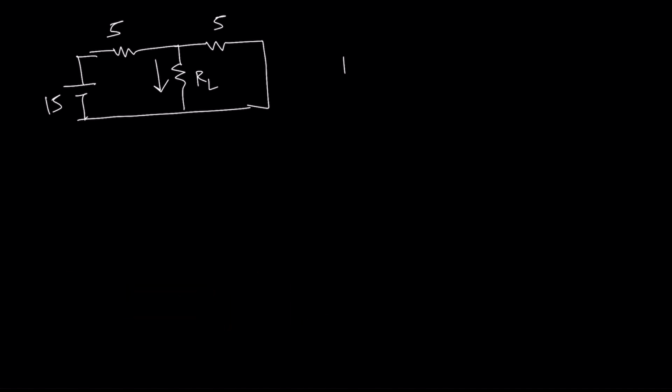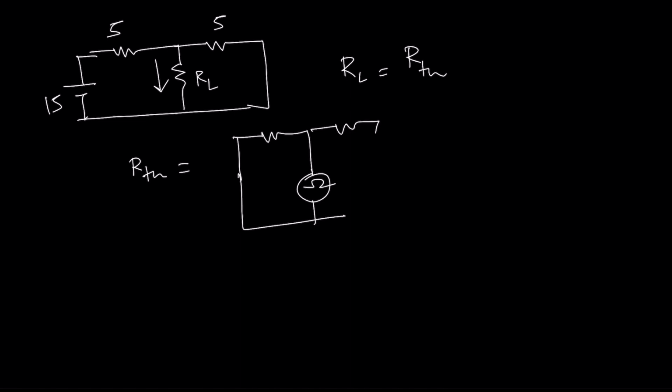So what do you need to do? You already know RL equals RTH. So you just need to find the value of RTH. We already know this one: 5 ohm in parallel with 5 ohm, that means equal to 2.5, right? That means RL should be 2.5 ohm such that the maximum power will flow from source to load, right?